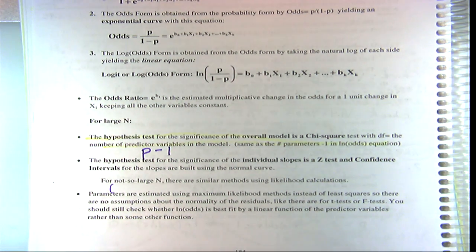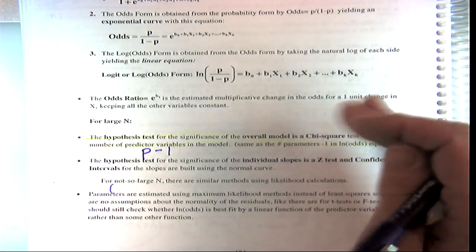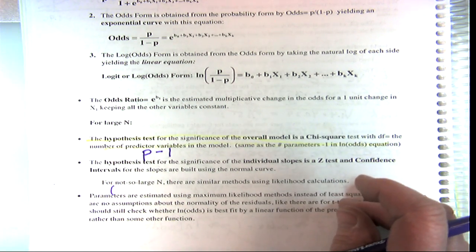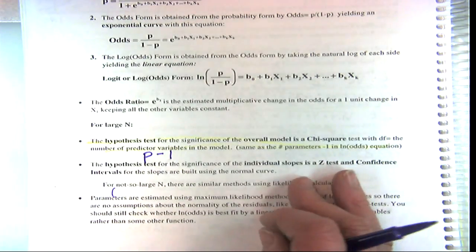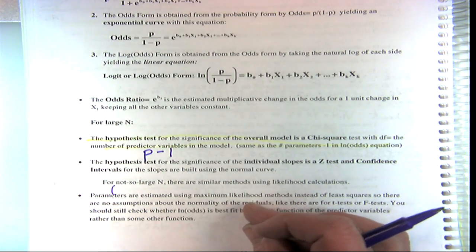Whereas if I tell you the mean when we use quantitative data and aren't just counts, when we have a quantitative y, if I told you the mean was 50, you'd have no idea what the standard deviation is. And that's why we use these t and f distributions when we have an unknown standard deviation. We never have an unknown standard deviation here. It's tied to the mean.